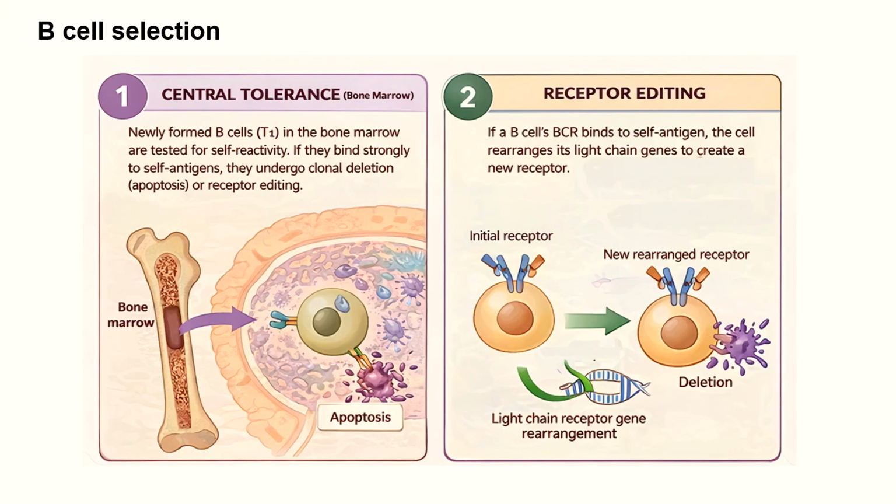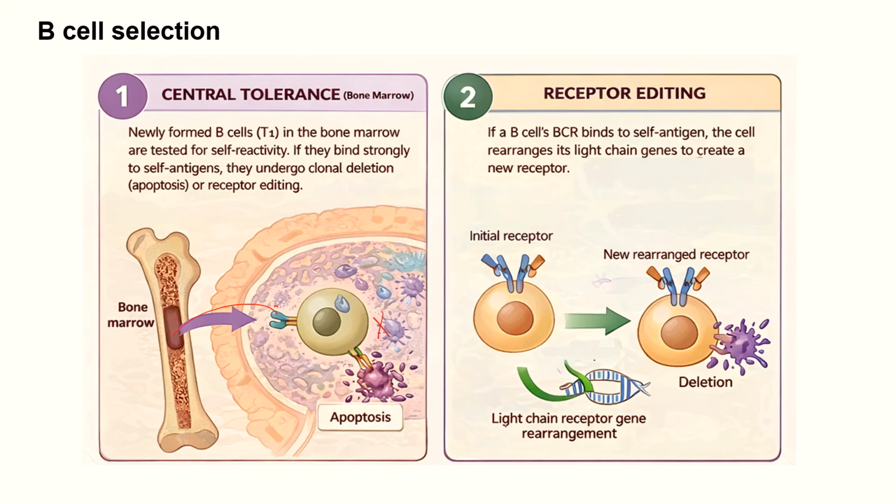So let's try to understand central tolerance. What's happening in central tolerance is that the B cells formed in the bone marrow start reacting to the self-antigen. Once the bone marrow cells are reacting towards the self-antigen, this cell has to undergo apoptosis. Otherwise, this cell will produce more and more antibody in future, which is not good, and therefore these cells have to undergo apoptosis.